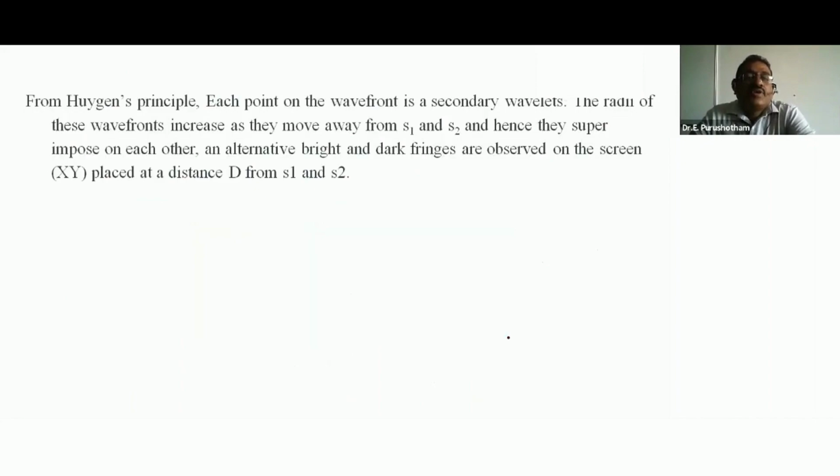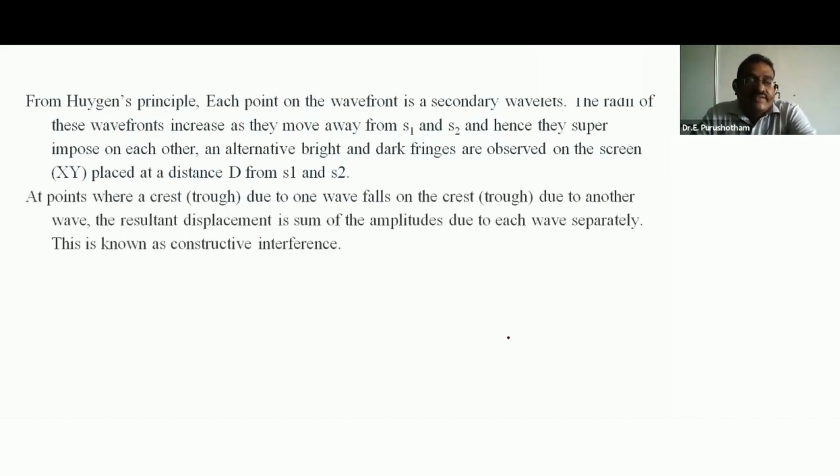From Huygens' principle, each point on the wavefront is a secondary wavelet. The radii of the wavefronts increase as they move away from S1 and S2, and hence they superimpose on each other, and alternate bright and dark fringes are observed on the screen XY, placed at a distance D from S1 and S2. At a point where a crest due to one wave falls on the crest of another wave, the resultant displacement is the sum of the amplitudes due to each wave separately.